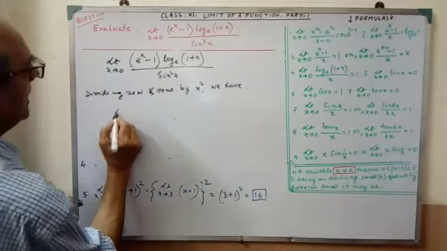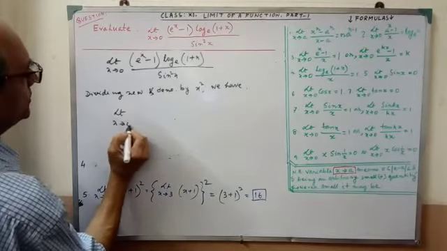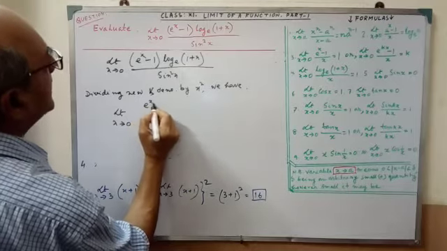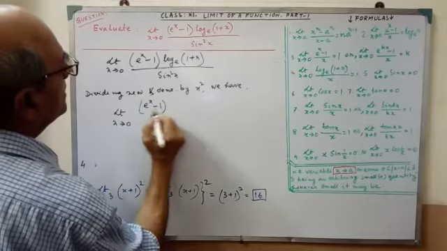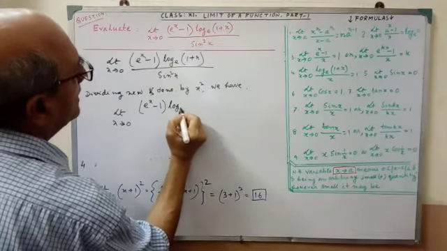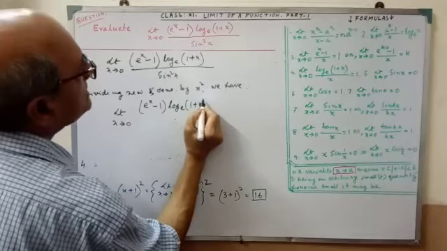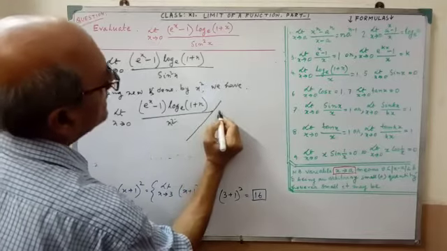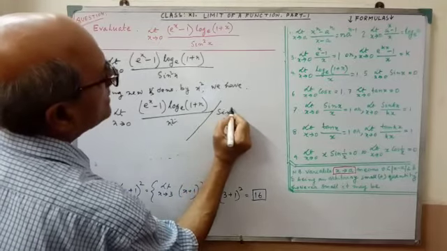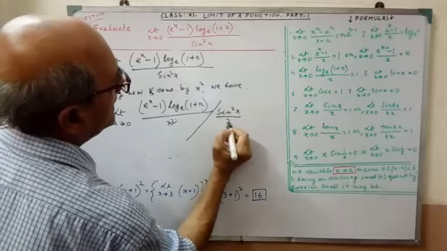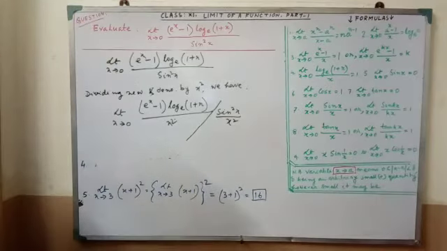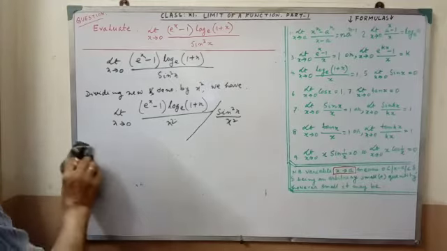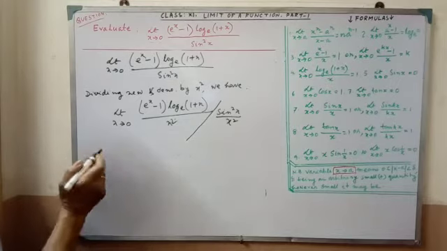By x square, limit x tends to 0, e to the power x minus 1 into log e 1 plus x by x square divided by sine square x by x square. This is dividing numerator and denominator by x square. In this way we may get the frame of the formula.